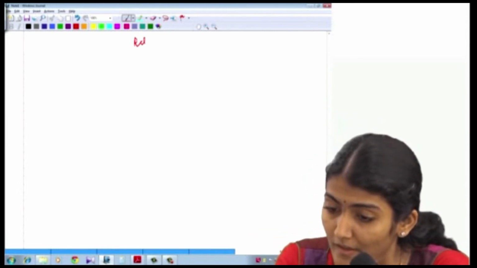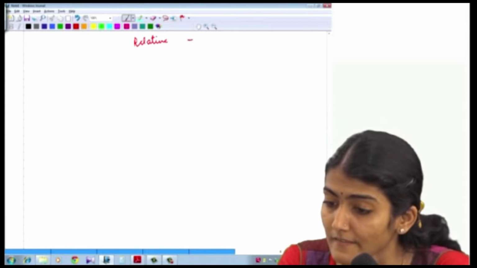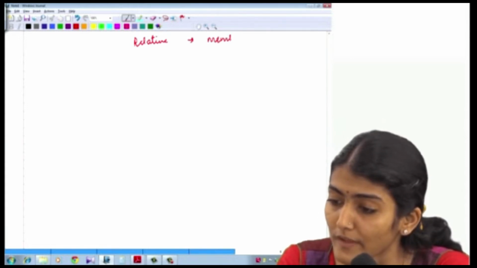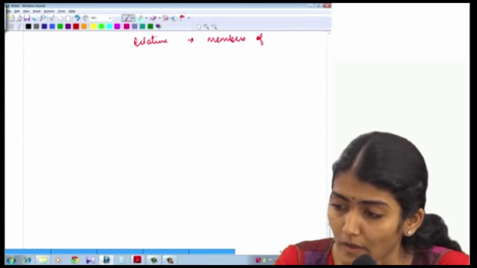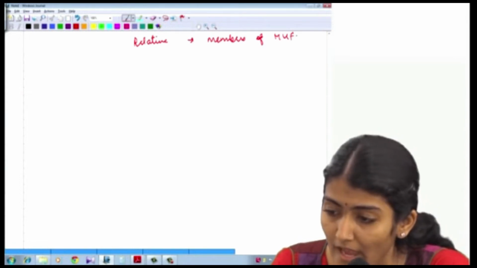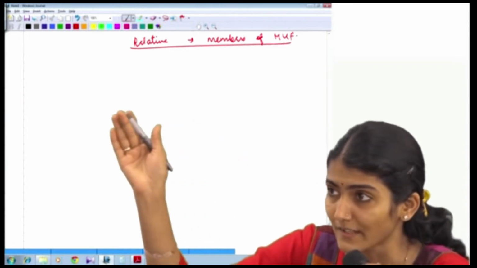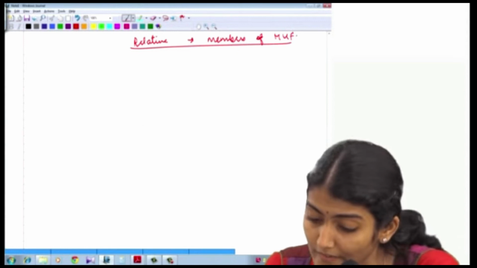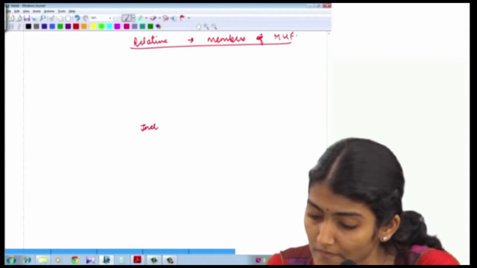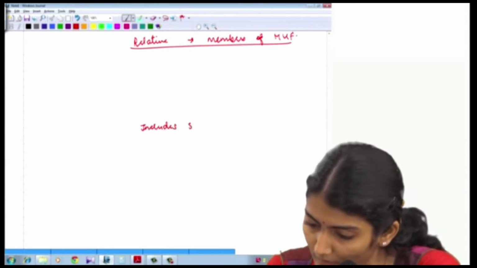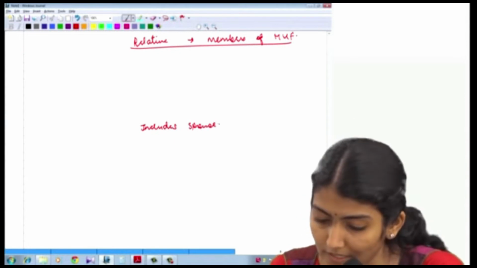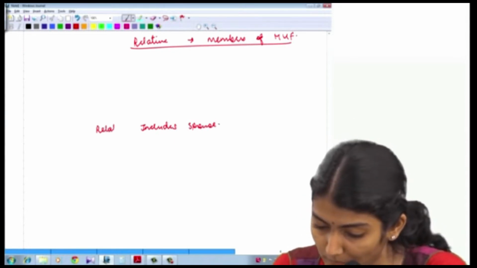Relative, it says, includes the members of the HUF if it's a Hindu undivided family. And other than that, if it's not a Hindu undivided family, then relative includes the spouse.